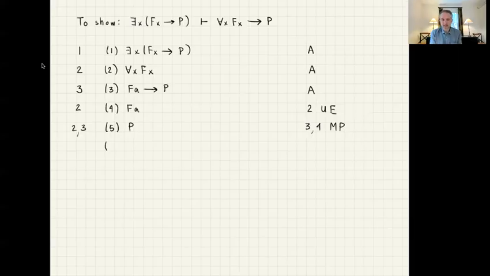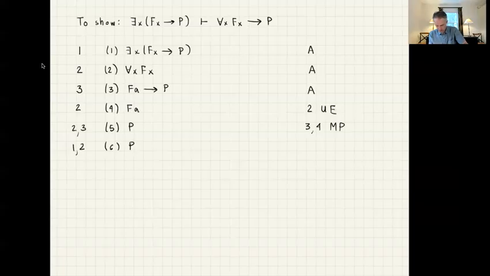Okay, at this stage now, I've argued from the instance on line 3 to P, but that argument from the instance on line 3 to 5 doesn't depend on anything involved in the name A. And so I can now just go to P again, in this case from 1 and 2.